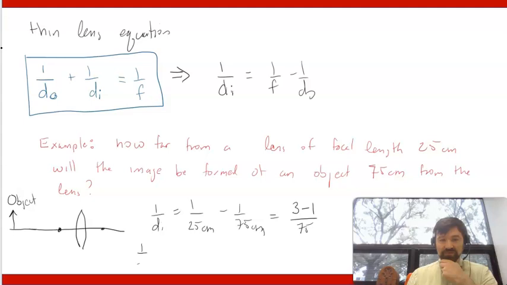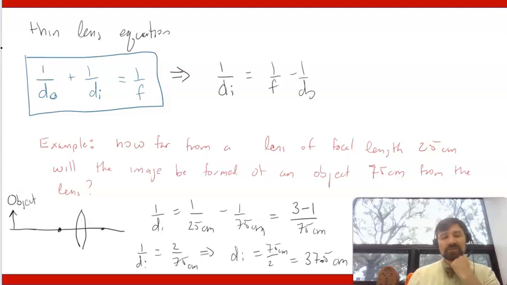And so 1 over DI is 2 over 75, and that means that our image is being formed DI equals 75 over 2, or if you prefer, 37.5 centimeters away. So our DI ends up somewhere like maybe right here, essentially. So here's 25, here's half again that distance, which is 37.5.